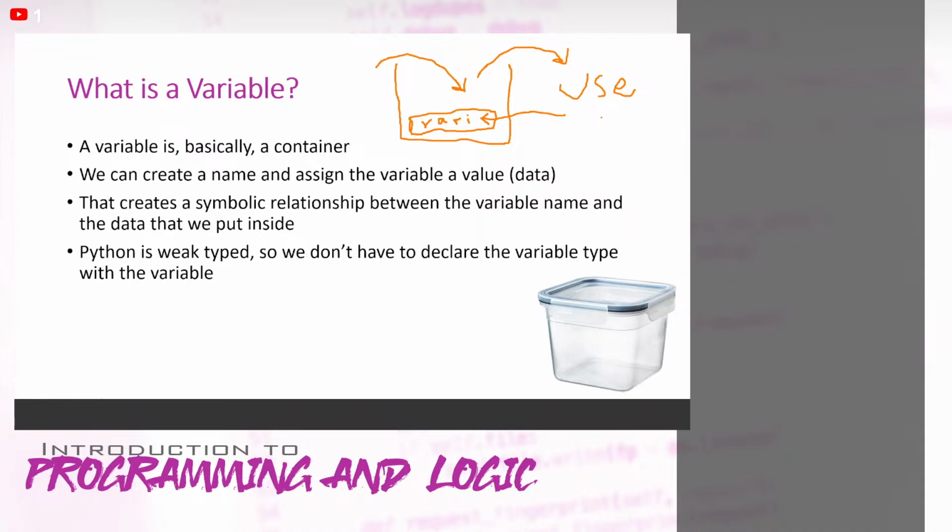We don't want to really use the same container for too many different types of data, because if we do that, then we lose that data that we could need, right? Remember that this variable is basically a memory storage location. And so if we take data out of this memory storage location and we throw it away and we replace it with new data, that data that we've thrown away is gone, right?